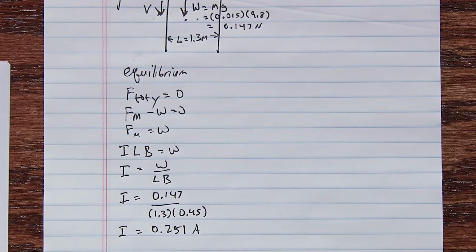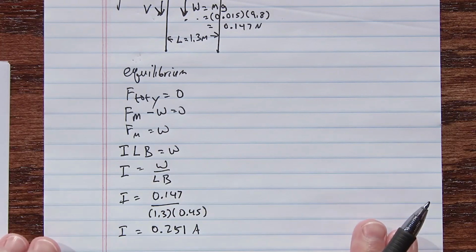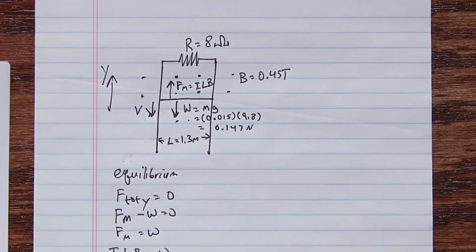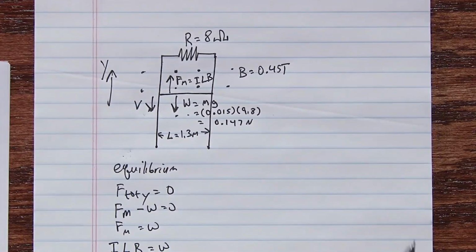So based on the fact that we're looking for the equilibrium situation, we know that we have to get an induced current of 0.251 amperes. Okay. So what can we do with that?